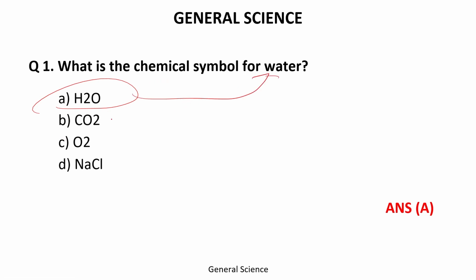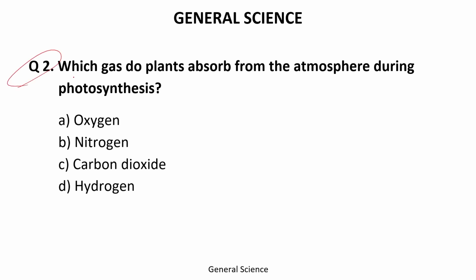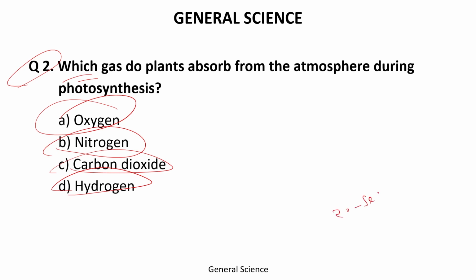Now the next question we have is, which gas do plants absorb from the atmosphere during photosynthesis? Oxygen, nitrogen, carbon dioxide, hydrogen. 20 seconds you have to think and answer. Your time starts now.